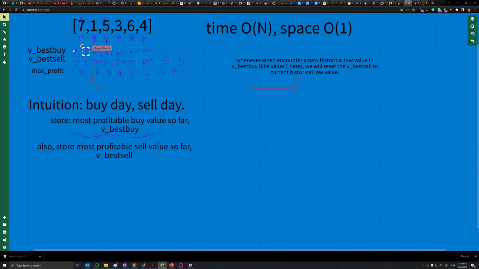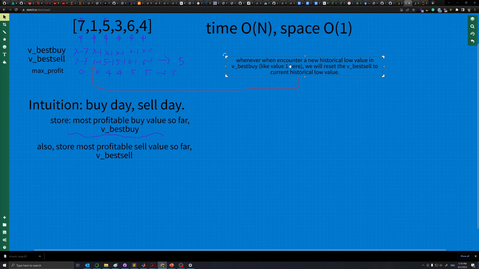While doing that, we were storing our most profitable buy value so far, called V best buy, and the most profitable sell value so far, V best sell. Then we realized we can't just find the minimum each time and the maximum each time we move forward. We also need to follow a strict rule of buy first, sell later.